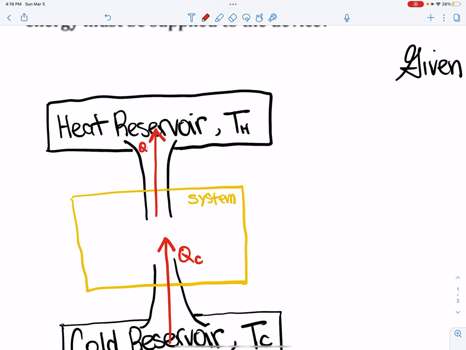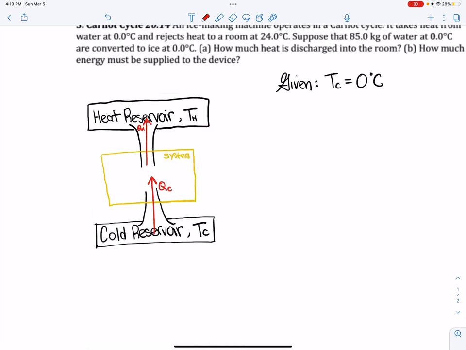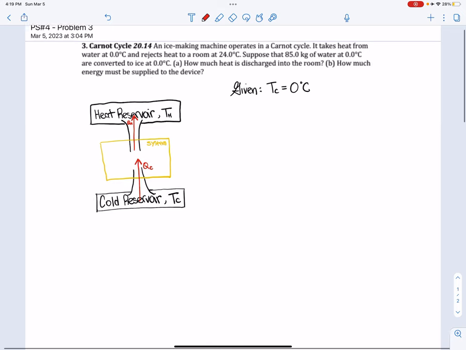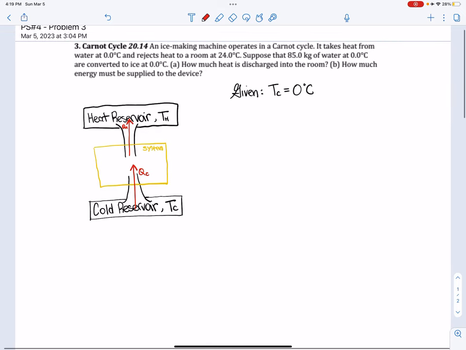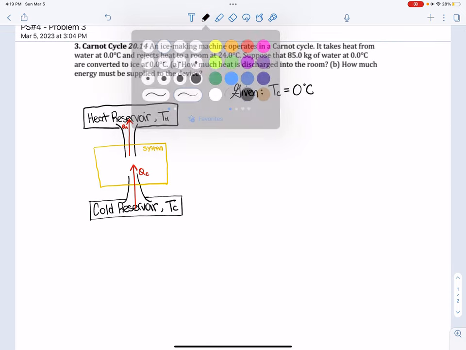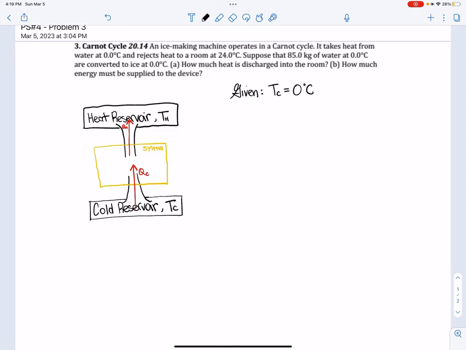So QH. Okay. So I also know that the temperature, or the hot temperature in the heat reservoir, TH, is 24 degrees Celsius. And it rejects the heat to a room at 24 degrees Celsius.